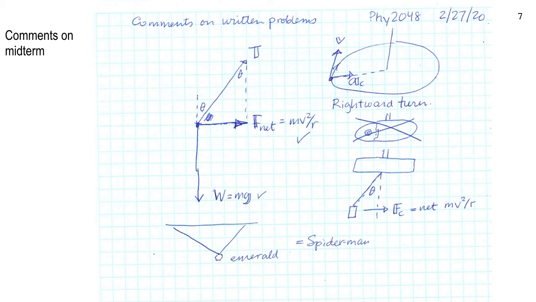Here? No, the first. Here? Yeah. That's a cross out. Yeah. Theta is this angle. The swing angle is here, so it's up here at this one. All right. So the emerald problem is basically the Spider-Man problem.